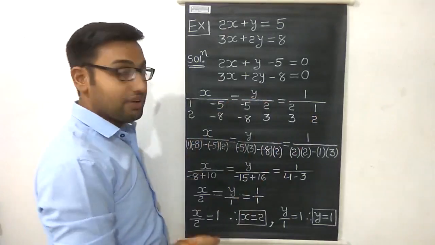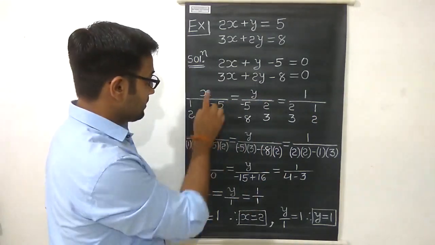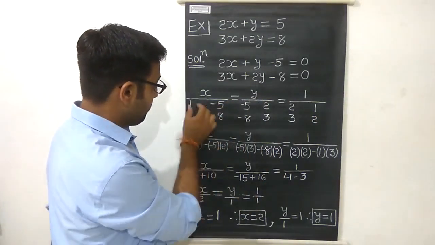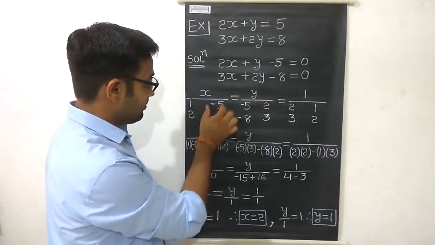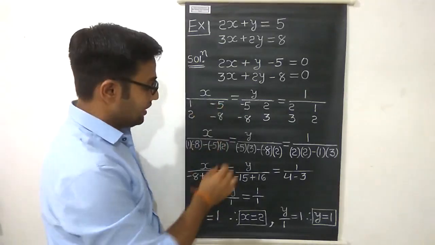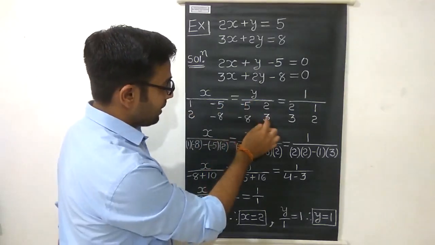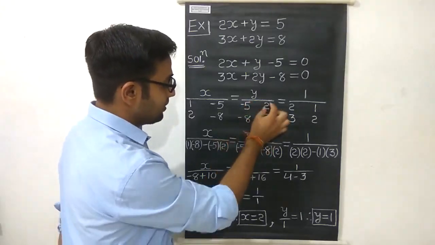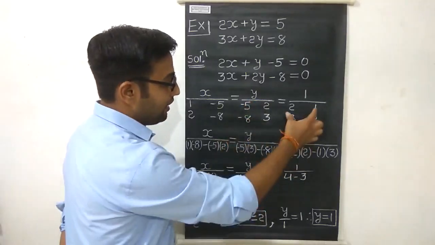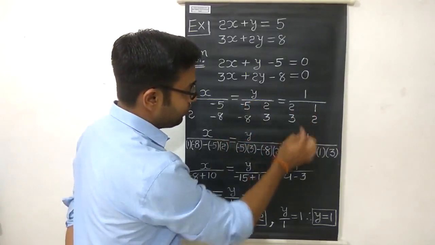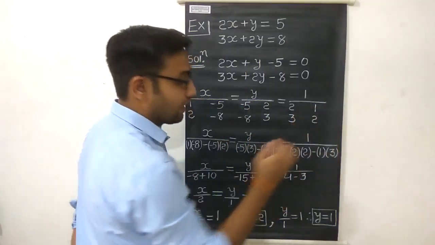Okay, now we will multiply this. So x upon 1 into minus 8 minus 5 into 2, is equal to, in the same way, y upon minus 5 into 3 minus 8 into 2, and here we will get 2 into 2 minus 1 into 3.